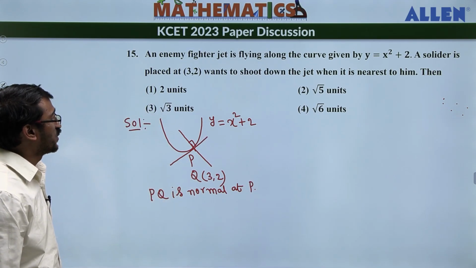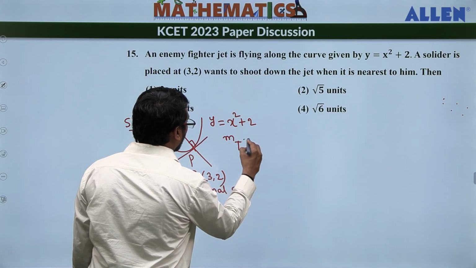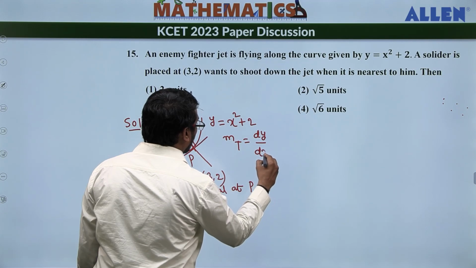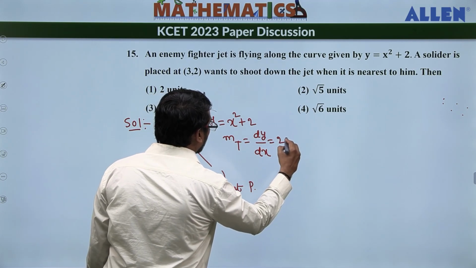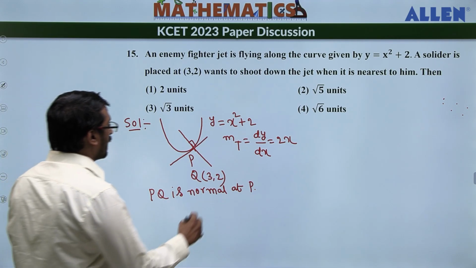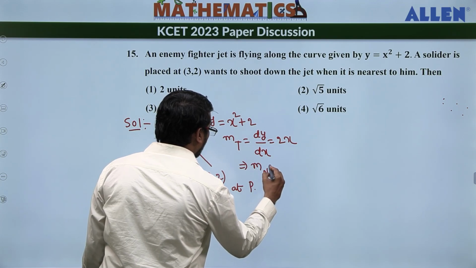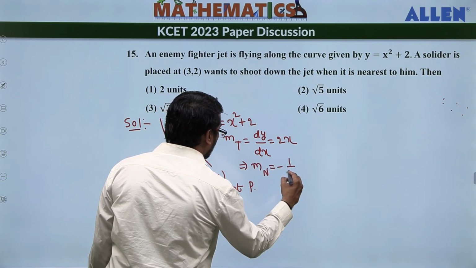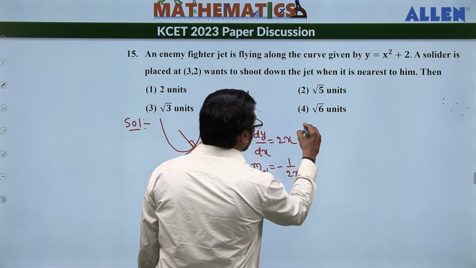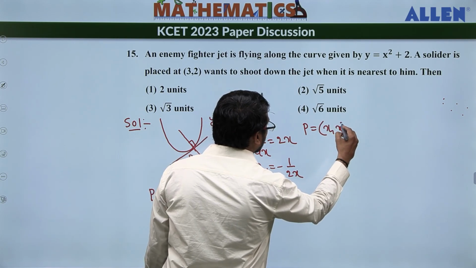So, what is slope of tangent, dy by dx? dy by dx is 2x. So, slope of normal is minus 1 by 2x. And what is P? x comma x square plus 2.